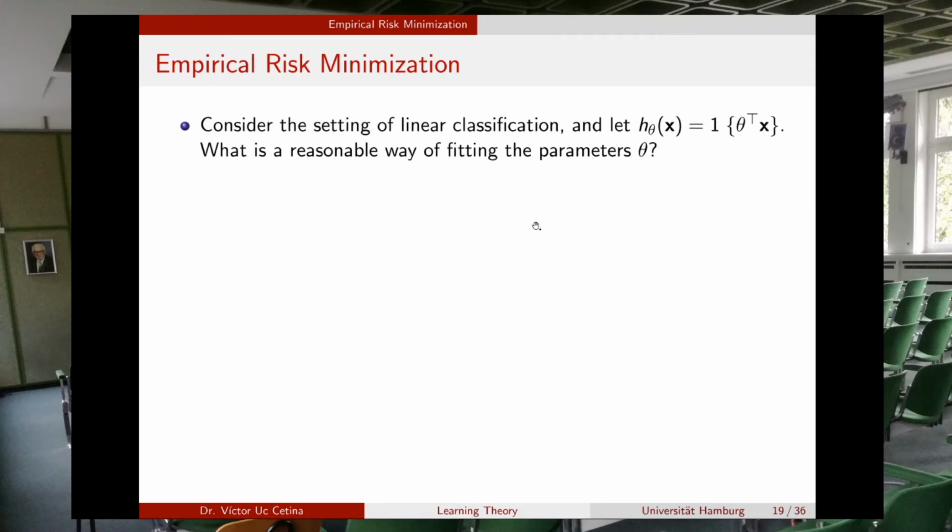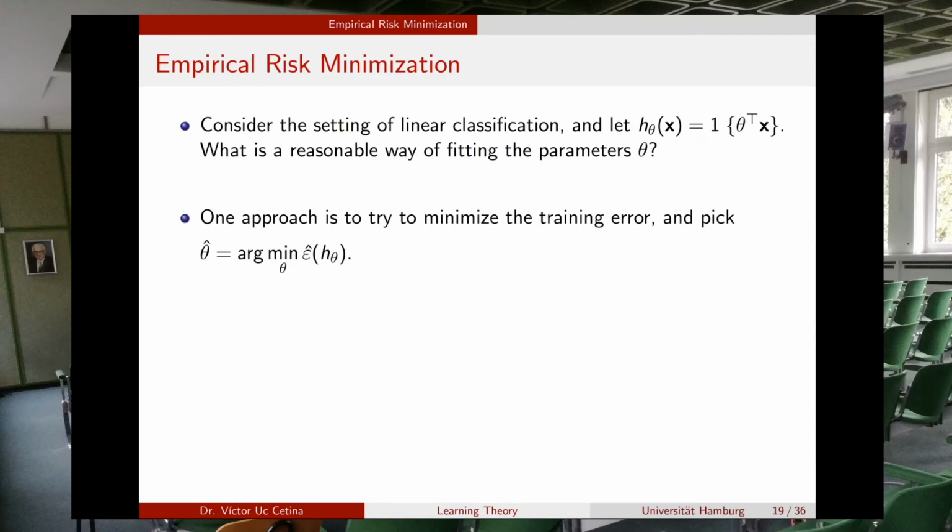Okay, so consider the setting of linear classification, and let this hypothesis h of x be the dot product of the vector of parameters theta and the input vector. Then what would be a reasonable way to find theta, or to modify theta to fit the points?